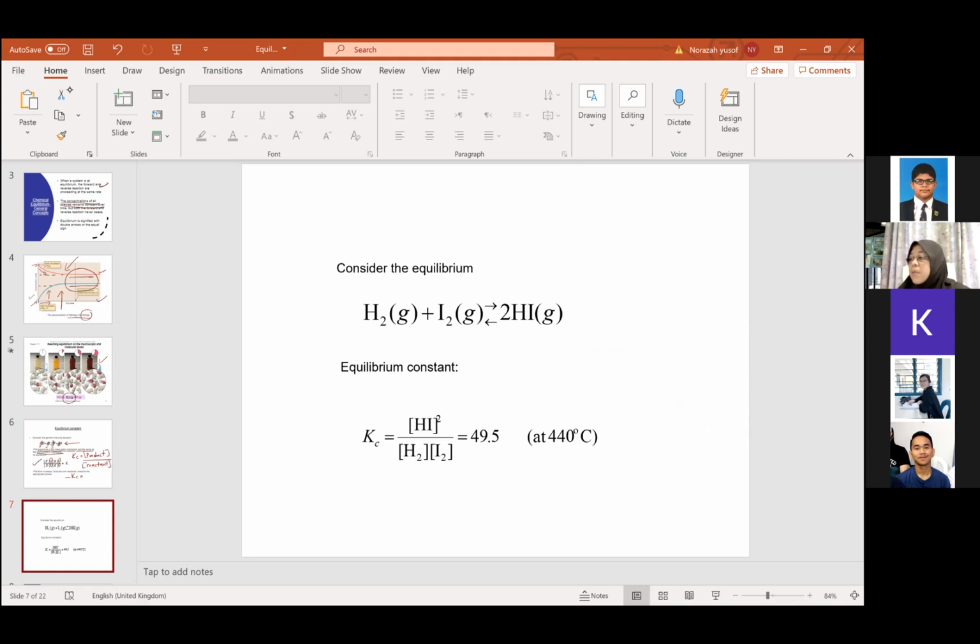Let's say we have this reaction: formation of hydrogen iodide from hydrogen and iodine.